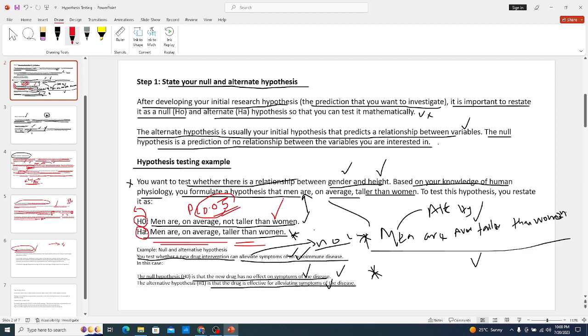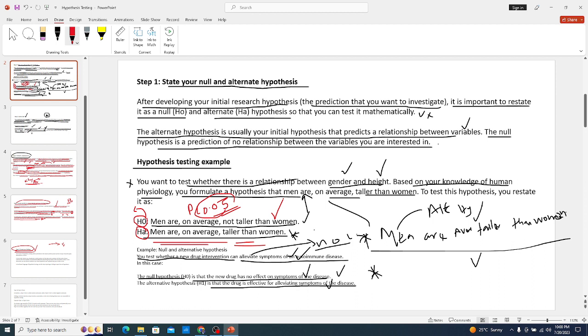If we fail to reject the null hypothesis, we are saying that there is no difference in height between men and women. It's like we are saying that there is no significant difference between the height of men and women.